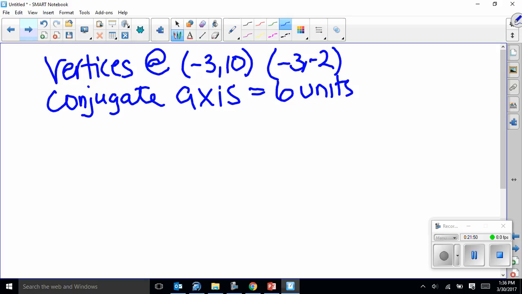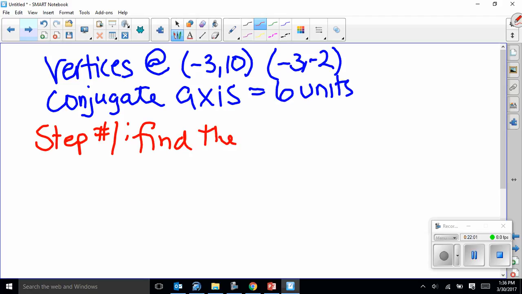Step 1 is to find the center. We'll just take the midpoint of our two vertices because the center is going to be halfway between them.